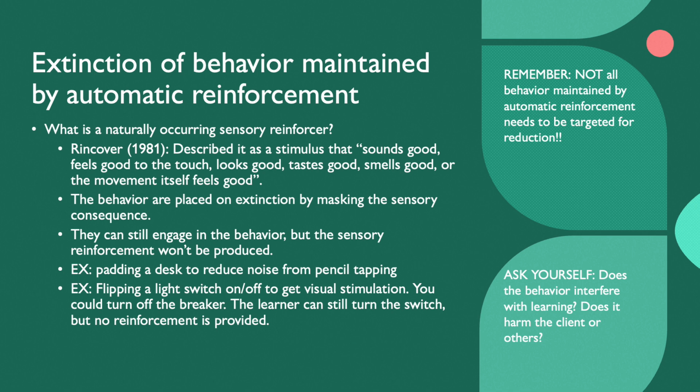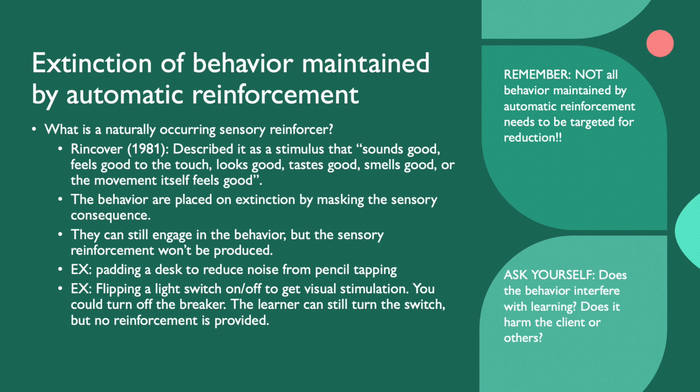So there is a researcher, Rincover, that in 1981 took the time to describe what a sensory reinforcer is. And they described it as a stimulus that sounds good, feels good to the touch, looks good, tastes good, smells good, or the movement itself feels good. Okay, so again, sensory reinforcement or automatic reinforcement is going to be different for every single learner.